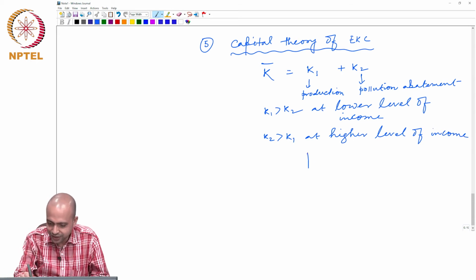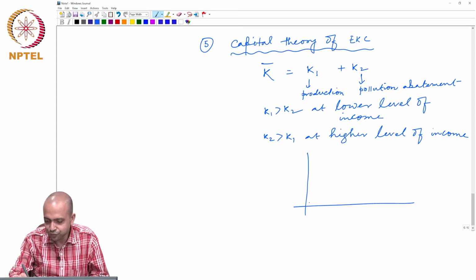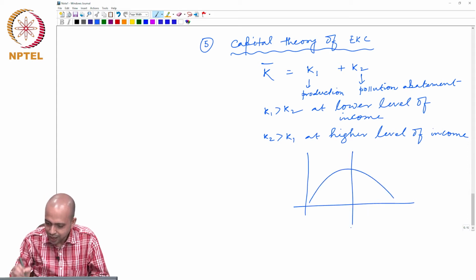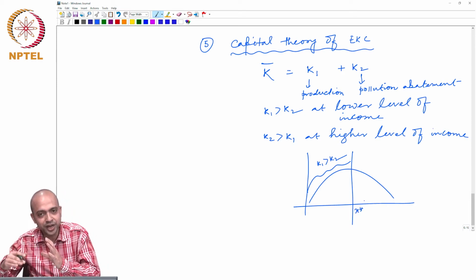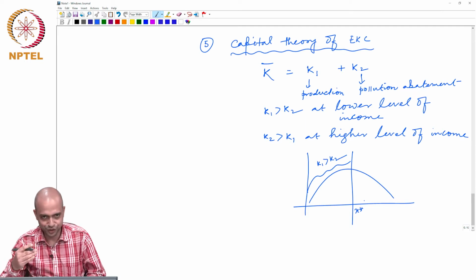So, that means what we can say, in the EKC, if we draw, at this segment, K1 is basically greater than K2, more capital is allocated for production, that means we get more pollution.